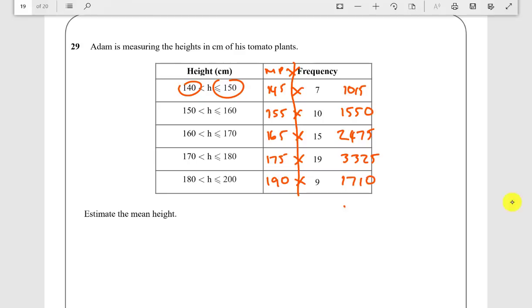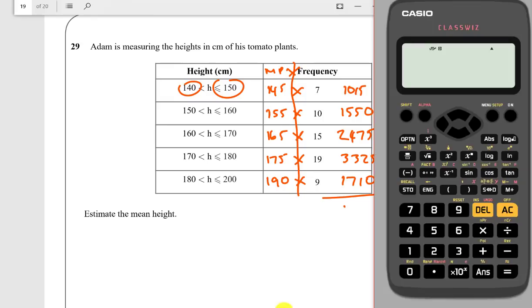We've found the midpoint times frequency. All we have to do is add these values together, and that will give you a total of, let's find it out, 1015 plus 1550 plus 2475 plus 3325 plus 1710, and that gives us a total of 10,075.